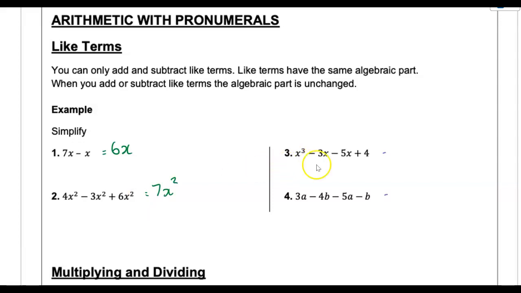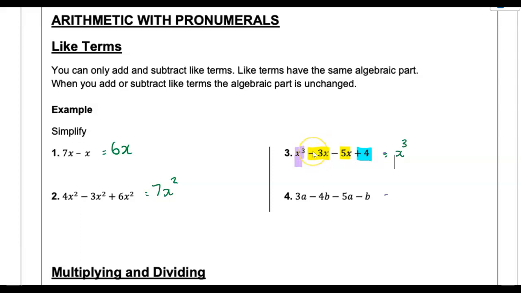Going over to 3. What you will see in 3 is that not all our terms are like there. So when we look for our solution, we can see that x cubed is the only term like that there. So that needs to stay as x cubed. There's nothing to add or subtract to that. In yellow, I've popped in terms that are alike. So there's x's, so these terms are alike. The negative sign that is in front of that number, we need to take with us.